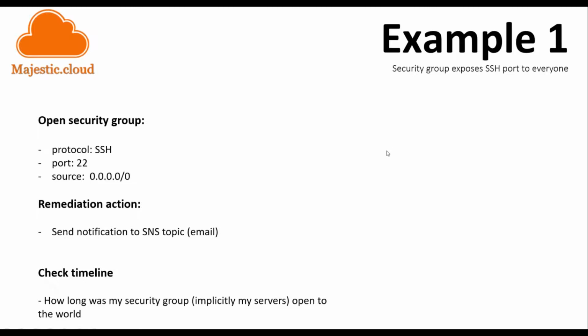For example, in this case, you can send a notification to an SNS topic that will fire an email to you, and you will be notified that you have a security group that was just modified by someone and allows SSH access from anywhere.